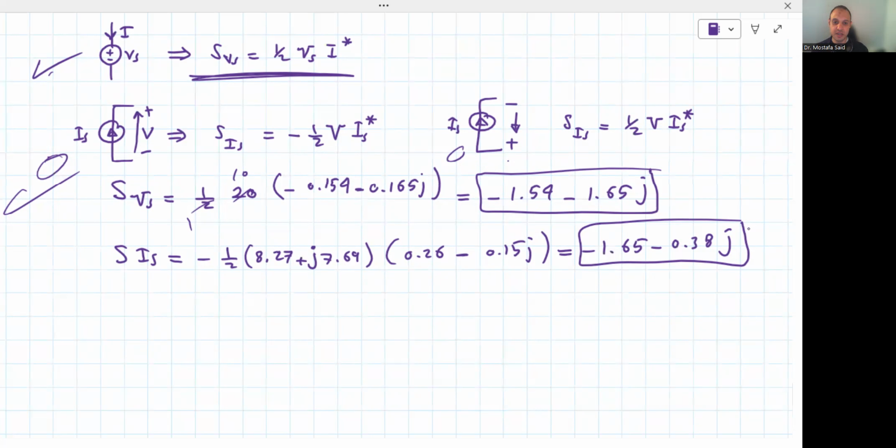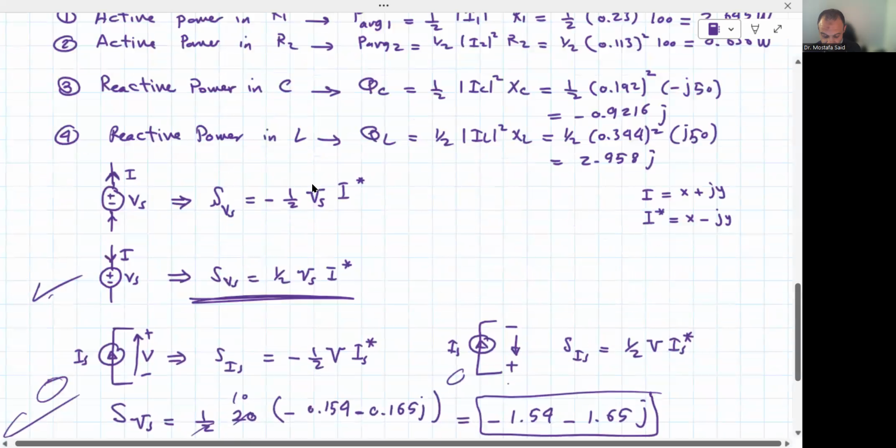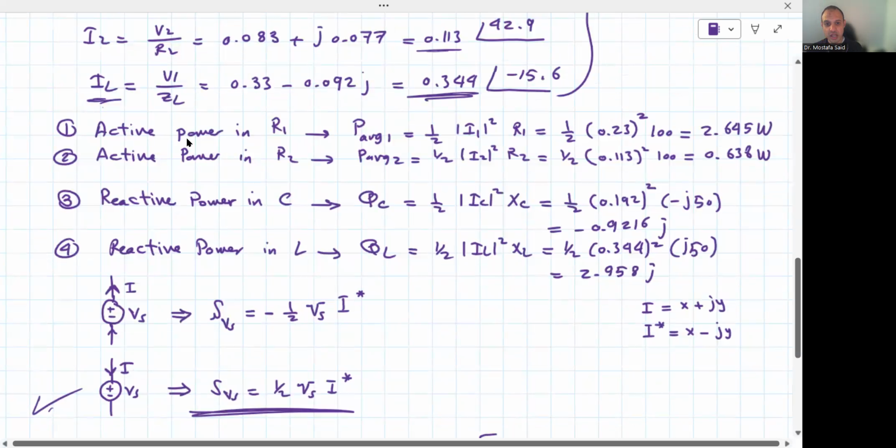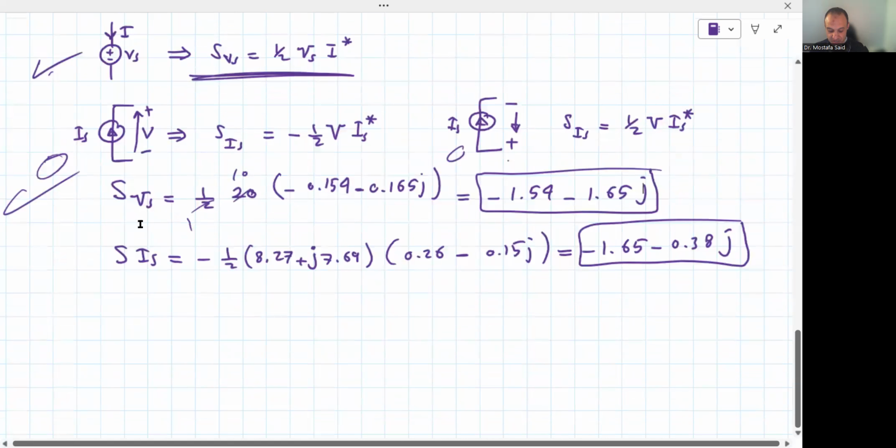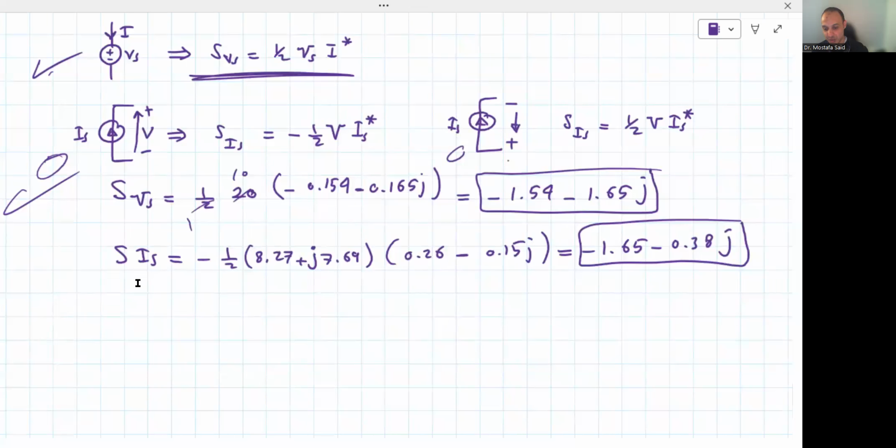The consumed power is the average power, which we calculate in the resistances, and the stored power will be the reactive ones, QC and QL. The generated powers are SVS and SIS, and if you add them together, you should have zero.